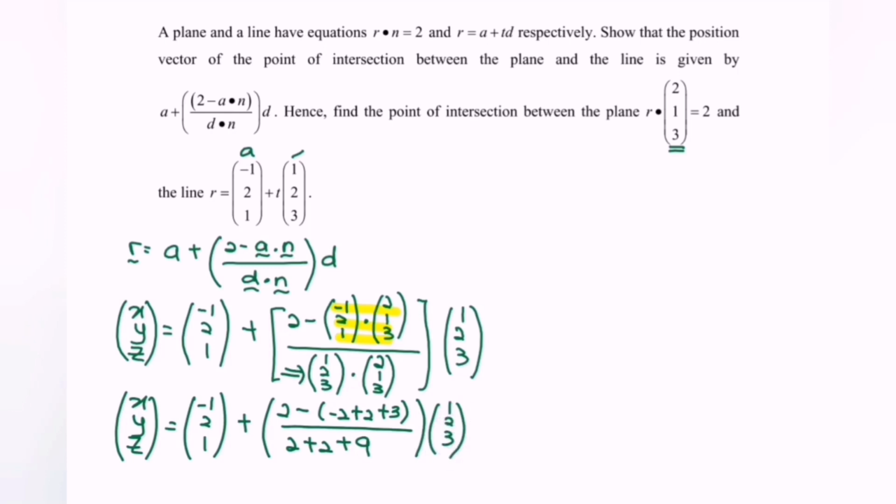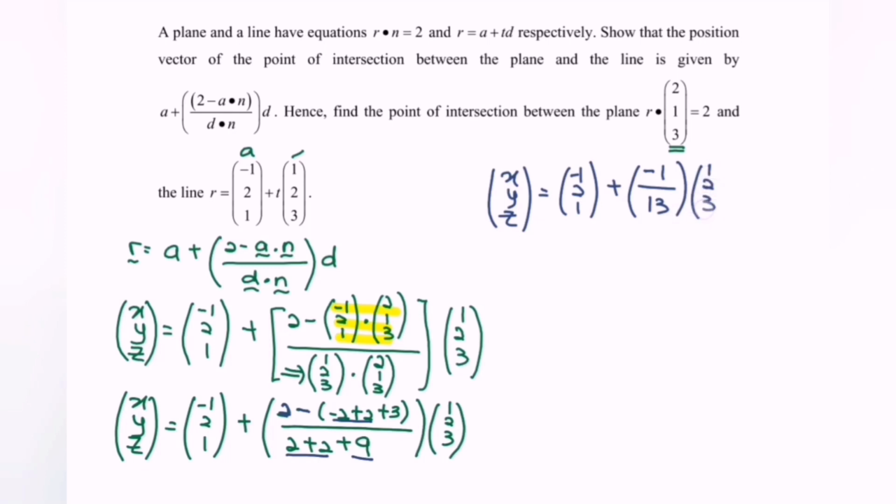Simplify the situation: (x, y, z) equals (-1, 2, 1) plus the bracket. Focus on this part, where we have 0 plus 3, so 2 minus 3 gives negative 1, over 4 plus 9, so we will have 13, multiplied by (1, 2, 3).